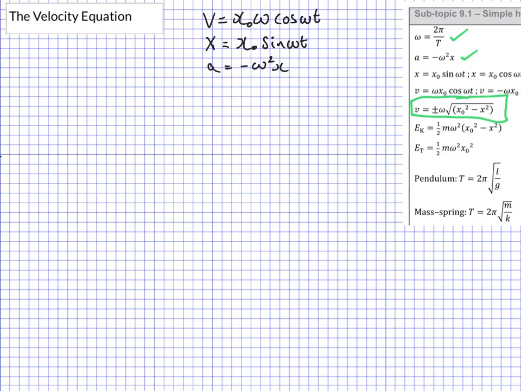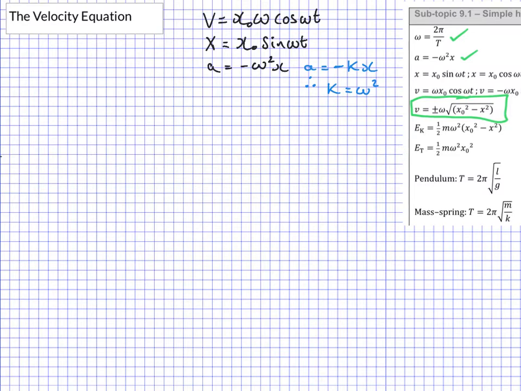And what's important to reiterate is that the acceleration of a simple harmonic motion would also be equivalent to negative kx. We've already said this, but we can state it again: the spring constant, or the constant of a simple harmonic motion, is equal to omega squared.